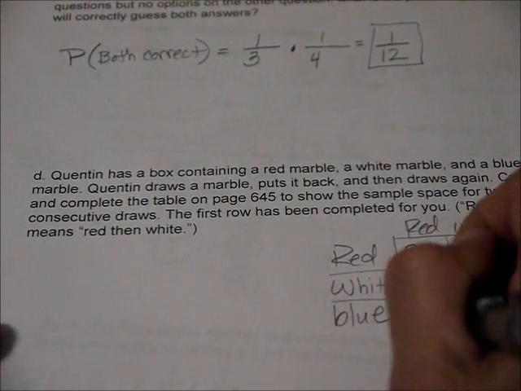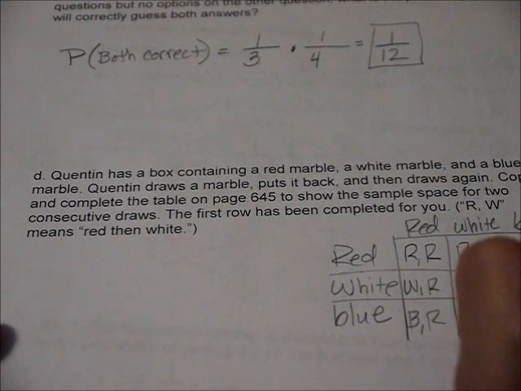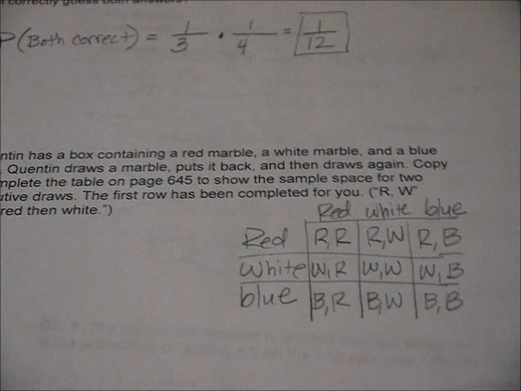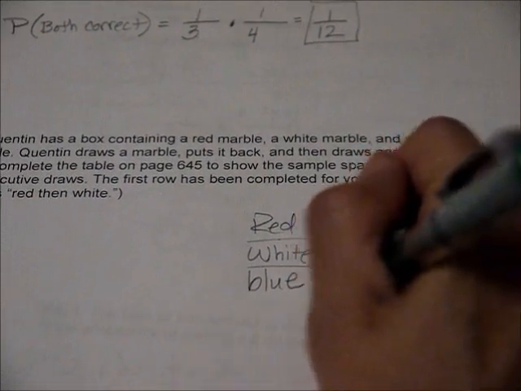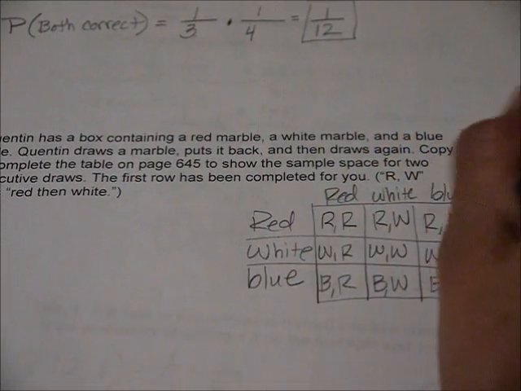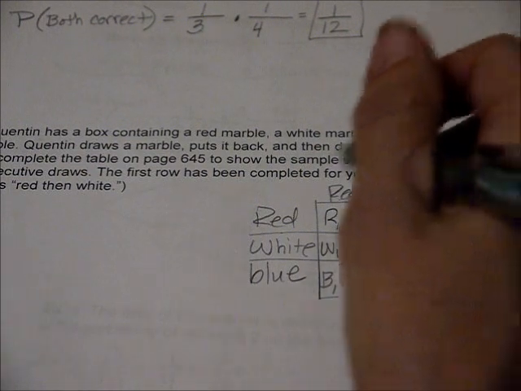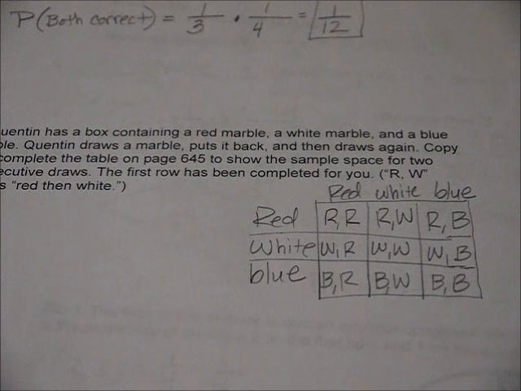You could get a blue and a red, a blue and a white, or a blue and a blue. So we just wrote out the whole sample space. These are all the possible outcomes with drawing a marble, putting it back in, and drawing another one. That is all we're supposed to do, just show a sample space.